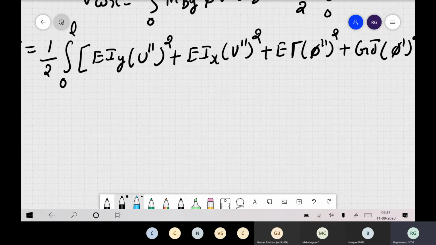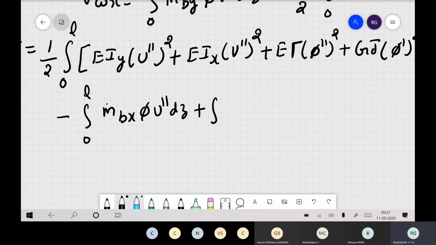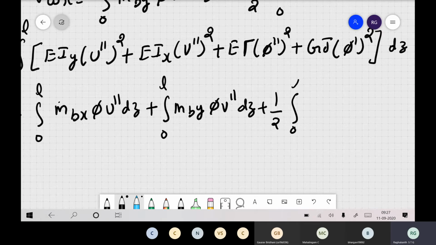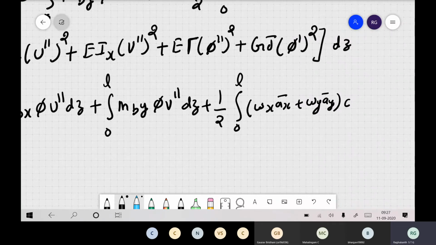And now we have another component, so minus integral 0 to l, Mbx into phi u double dash dz, plus integral 0 to l, Mby phi v double dash dz, plus half integral 0 to l, wx into ax bar plus wy into ay bar, phi square dz.